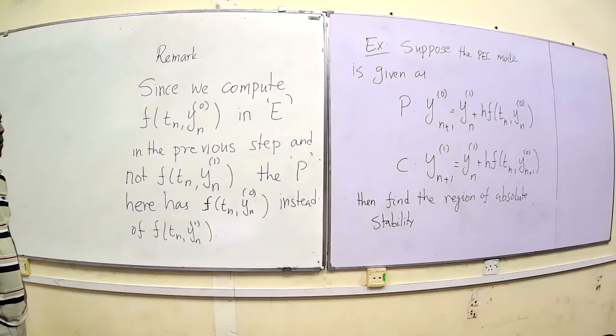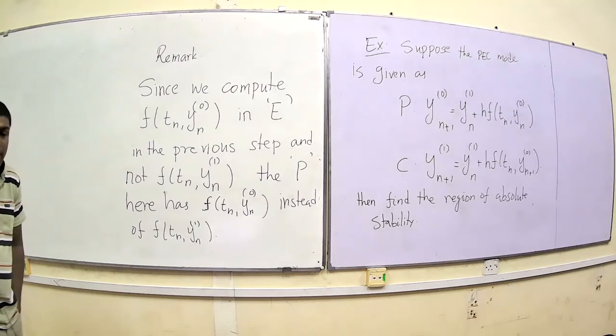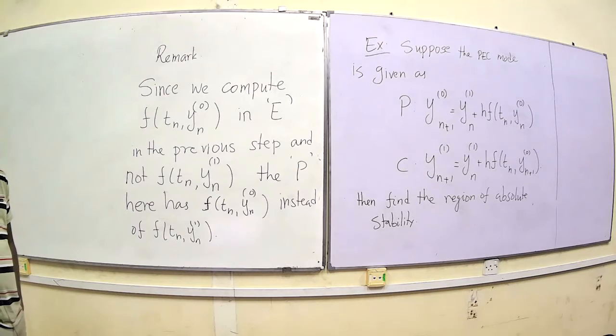Okay, so here, this is the important thing. Because it is a predictor, evaluator, corrector method, that is the difference between predictor corrector and predictor evaluator corrector. It is a very minute difference, but you should notice this.